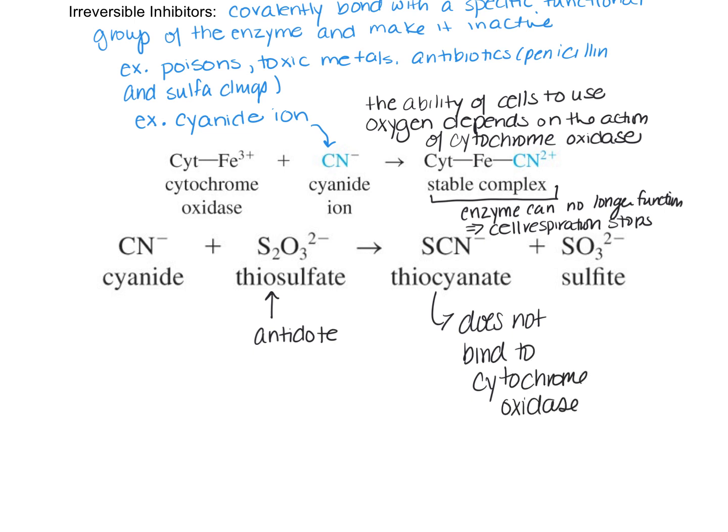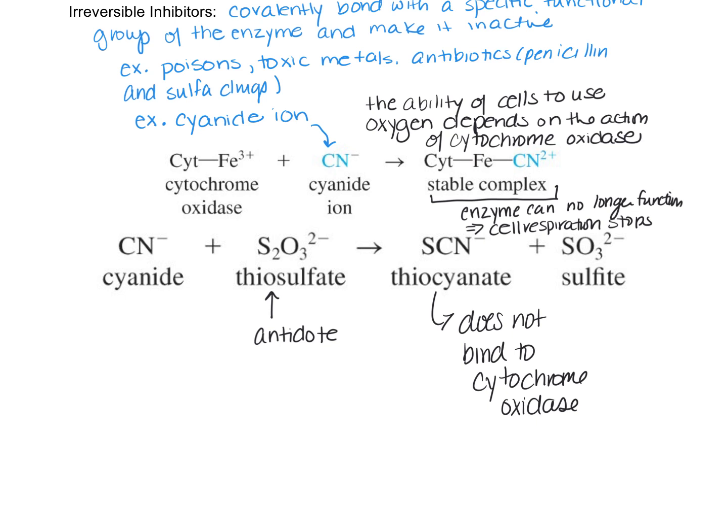But this is the cyanide pills are the things that you see in movies where, you know, people have one in their tooth and they bite down on it, and it does cause death fairly rapidly. But if you were to administer thiosulfate, that would stop the behavior.